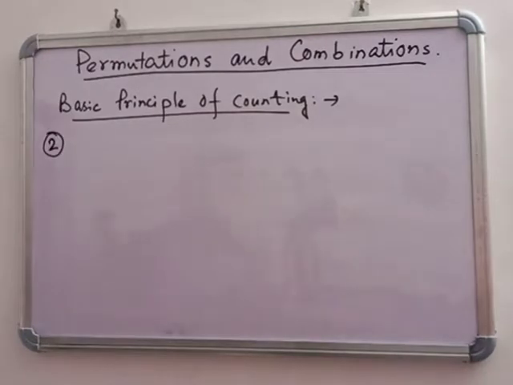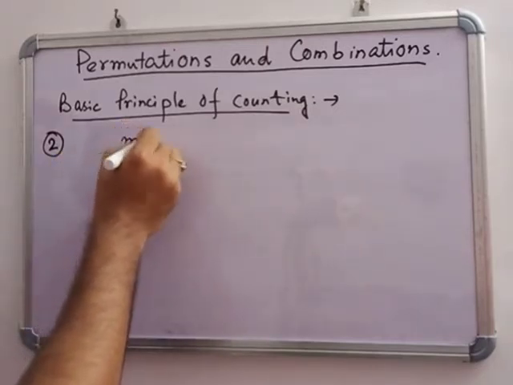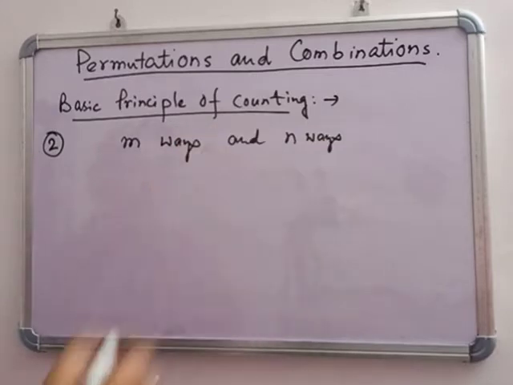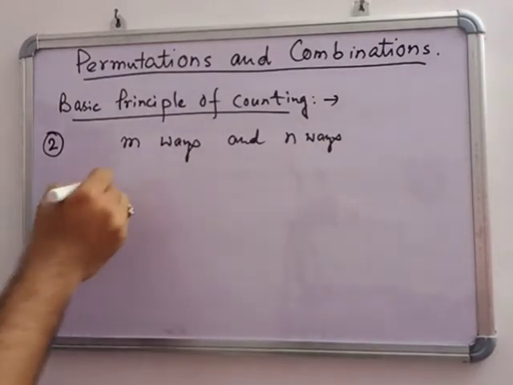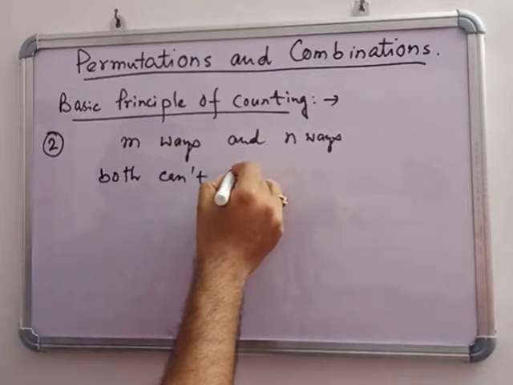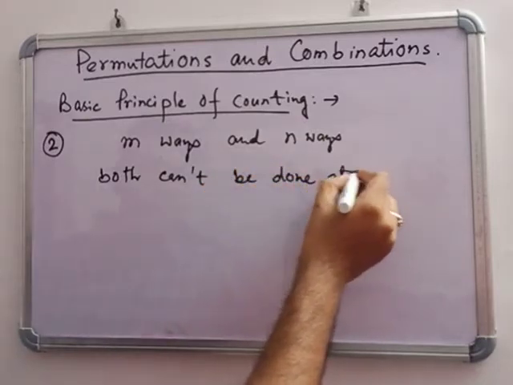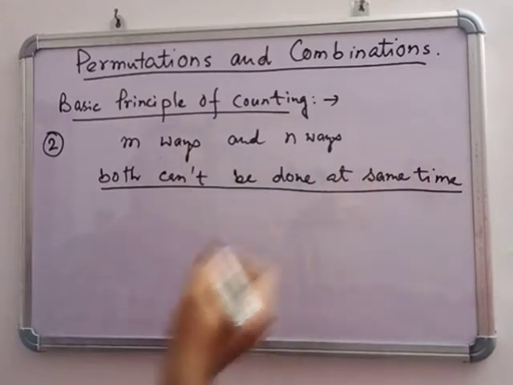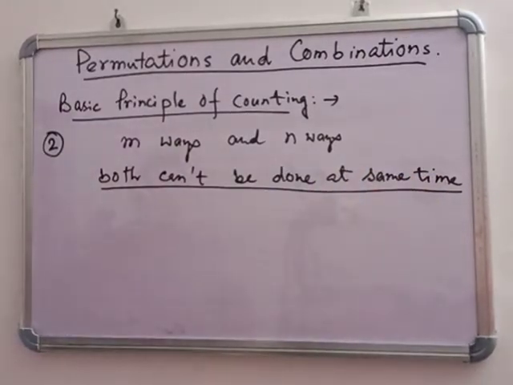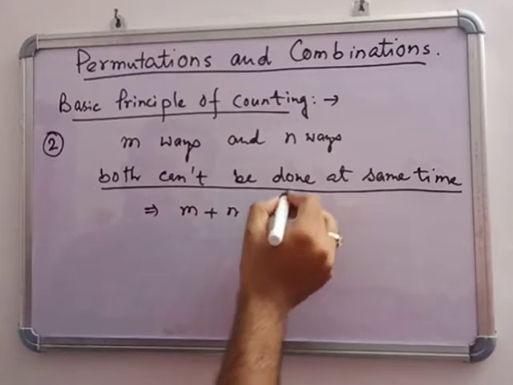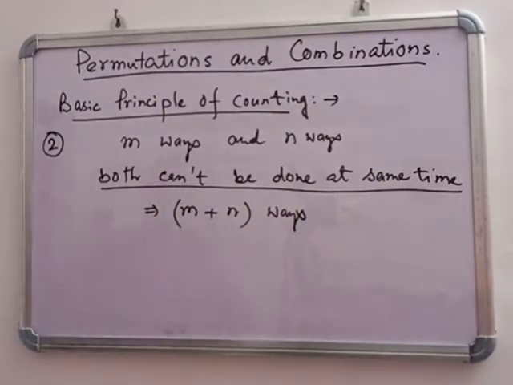In the addition principle of counting, if there are m ways to do one thing and n ways to do another thing, but both can't be done at the same time, this is the condition, then we can write this is m plus n ways.